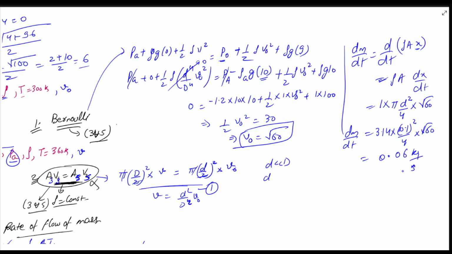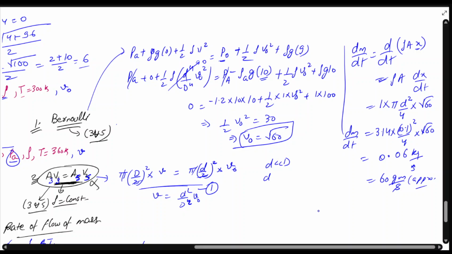Okay, right? So we can find it in gram per second. So it will be into 1000. So it will be 60 gram per second approx.